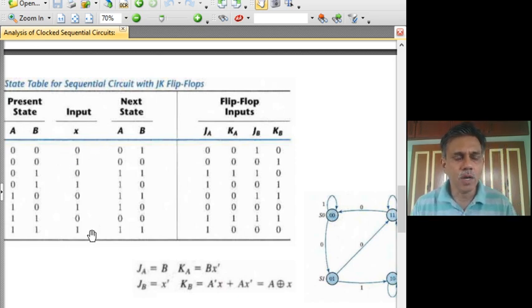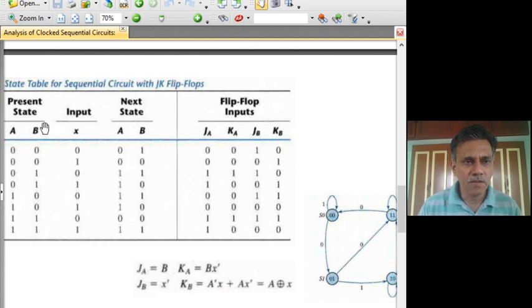Well, so now for each of these input conditions, we have to find out the next state to which it goes and the output if there were any. Here there is no output, so we have to only trace the next state, that is A plus and B plus.